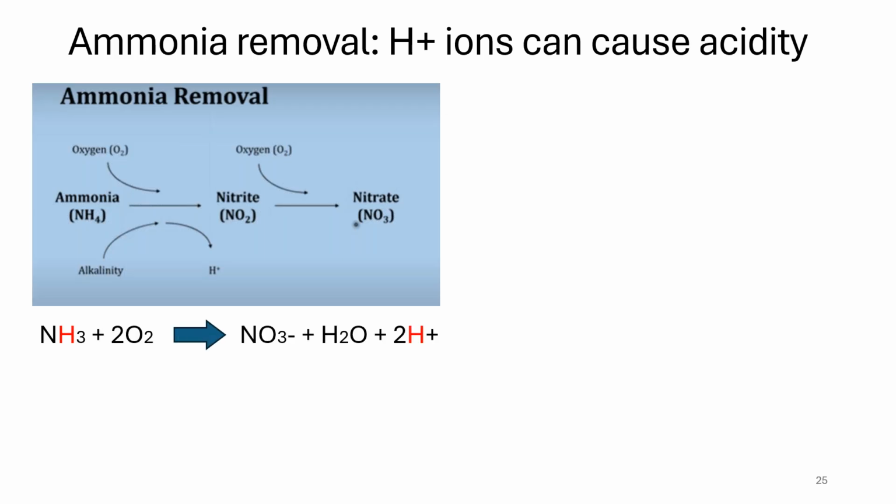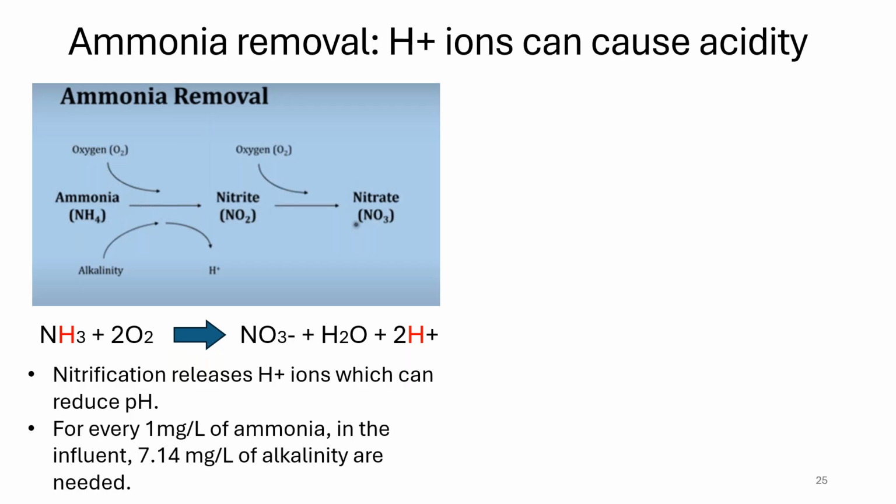If you follow the H's from the NH3, which I highlighted in red, over to the right-hand side of the equation, at least one of those three forms a water molecule, and there's two floating around to cause a decrease in pH. In general, for every 1 milligram per liter of ammonia, you want 7.14 milligrams per liter of alkalinity.